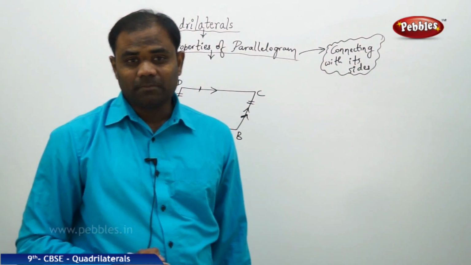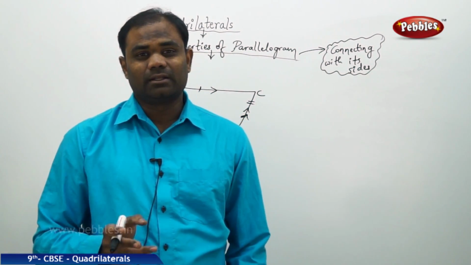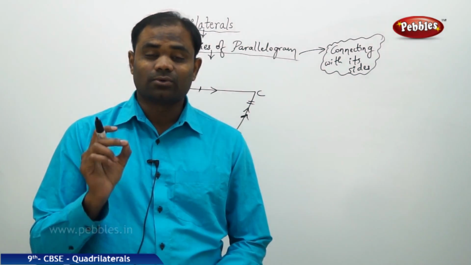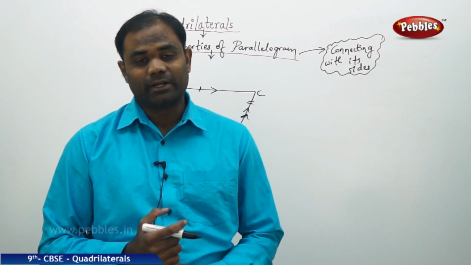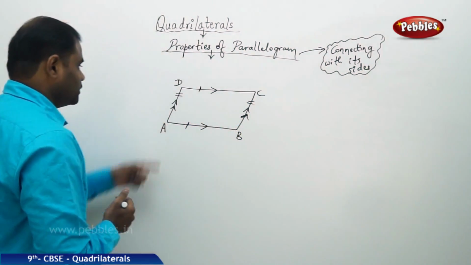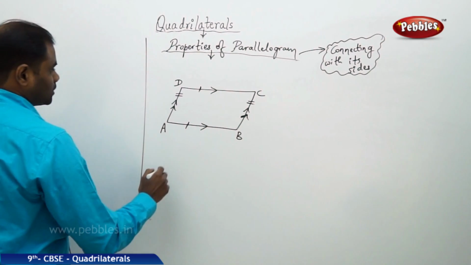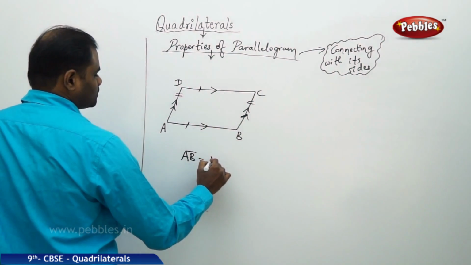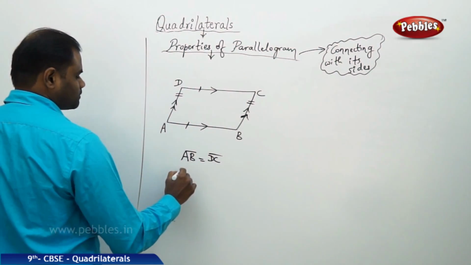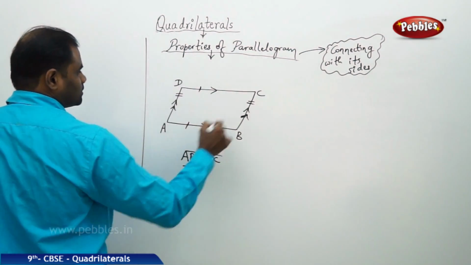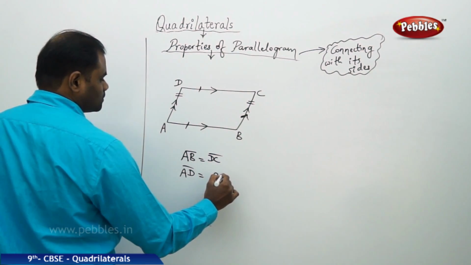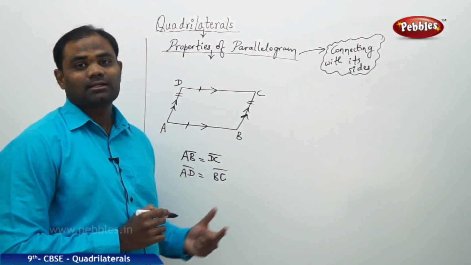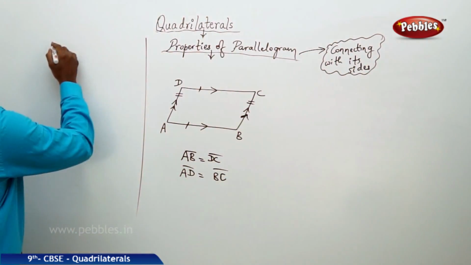That is, when the opposite pairs are parallel in a quadrilateral, their opposite sides are also equal. With this property, I come to the conclusion that the opposite sides AB is equal to DC and AD is equal to BC.